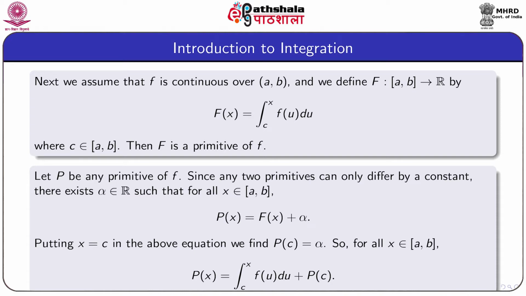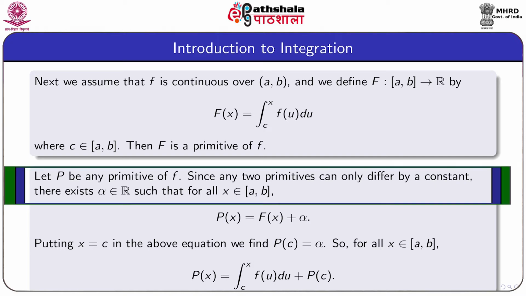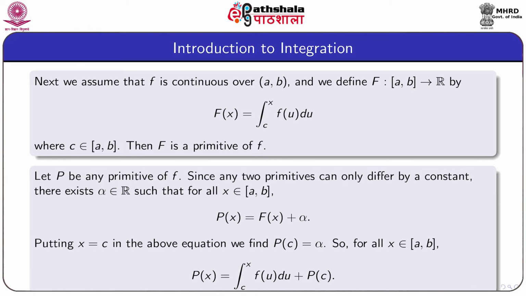Then capital F is a primitive of small f. Now, let capital P be any primitive of small f. Since any two primitives can only differ by a constant, there exists a fixed real number alpha such that for every x in the bounded closed interval AB, we can express capital P(x) equal to capital F(x) plus alpha.